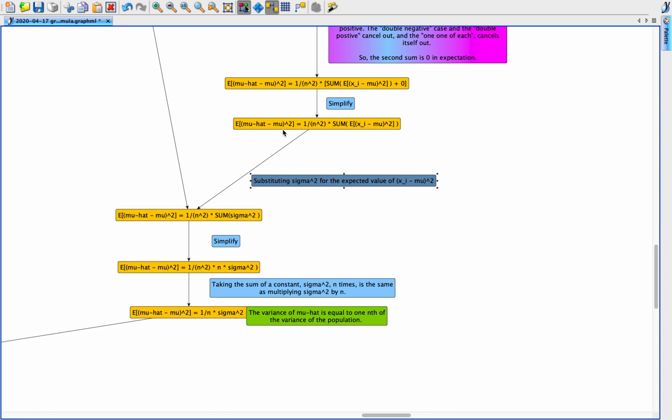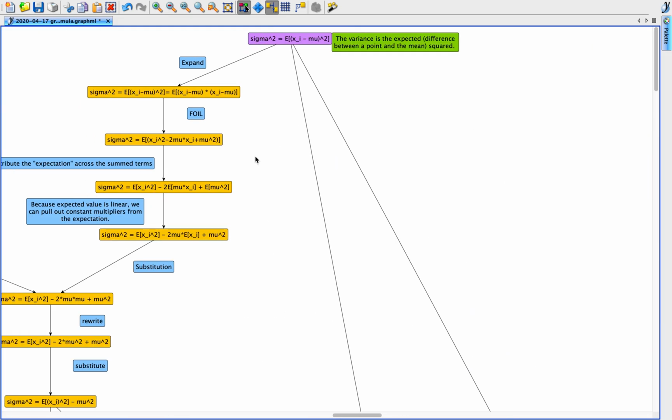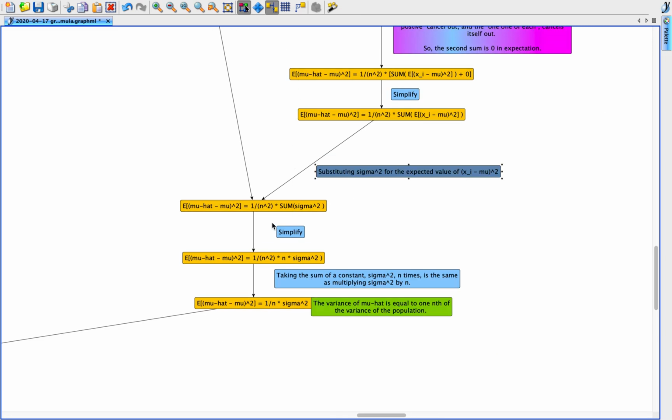Right, so remember the variance of our samples is equal to 1 over n squared times the sum of the expectation of xi minus mu squared. And we know that sigma squared is equal to the expected value of xi minus mu squared. We defined that all the way up here. So we can just substitute that in. Instead of xi minus mu squared here, we have sigma squared here.